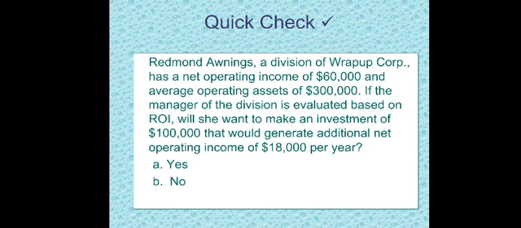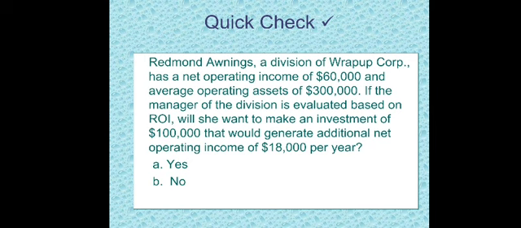Next, Redmond Awnings has net operating income of 60,000 and average operating assets of 300,000. If the manager of the division is evaluated based on ROI, will she want to make an investment of 100,000 that will generate additional net operating income of 18,000 per year?